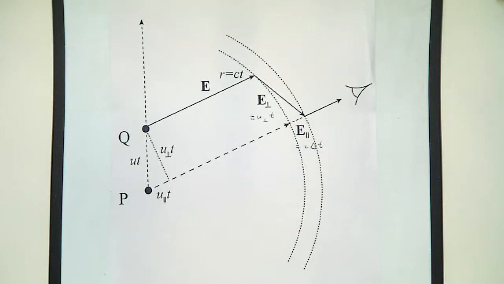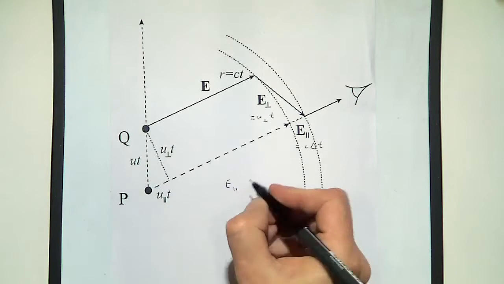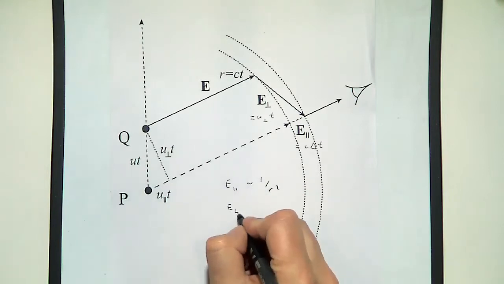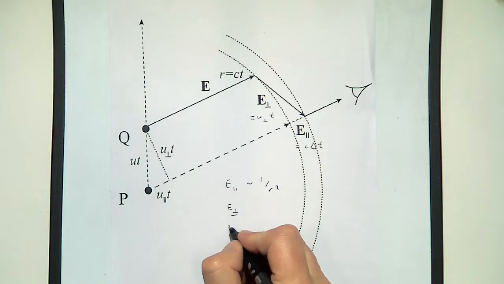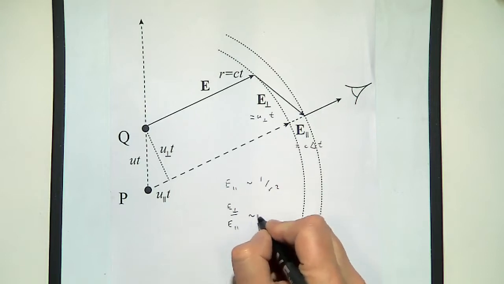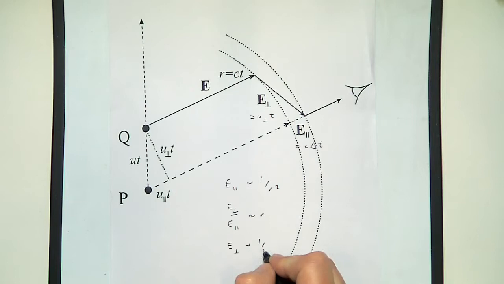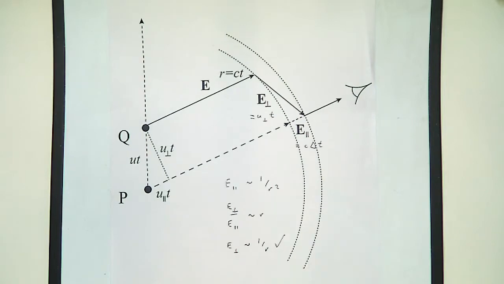So therefore E parallel varies as 1 over R squared. E perpendicular over E parallel varies as R, so therefore E perpendicular varies as 1 over R, which is what we're looking for. So it satisfies the condition to be a radiative component. Right? We'll talk a little bit more about what the radiative components really mean.